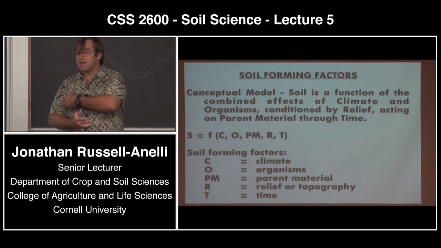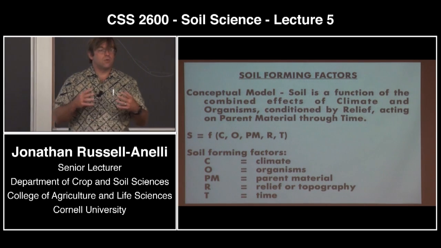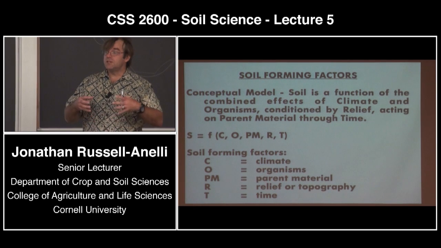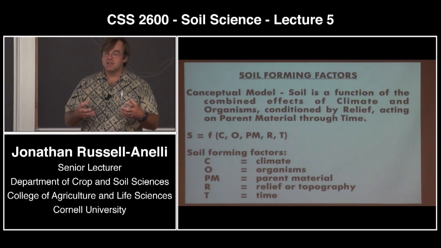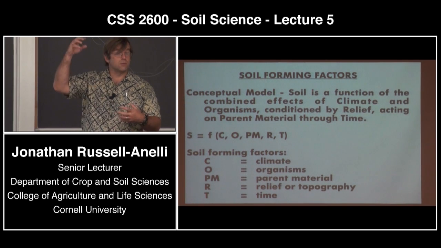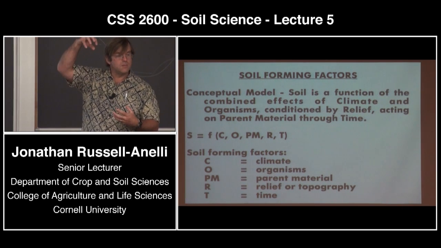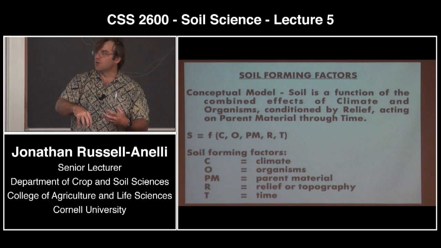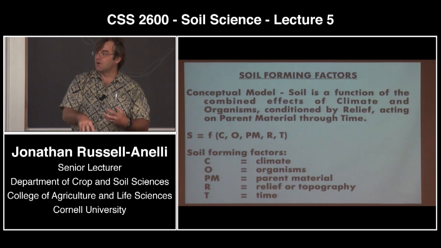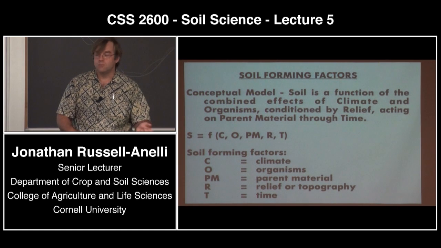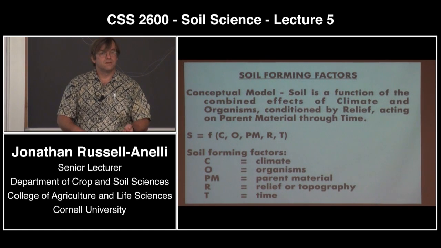It took that silt cap and started to weather it away, producing smaller particles that became clay-sized. Because of the rainfall that's around here, the clay moved through the profile and was deposited farther down, alluviated farther down. And that was where those Bt horizons were formed.